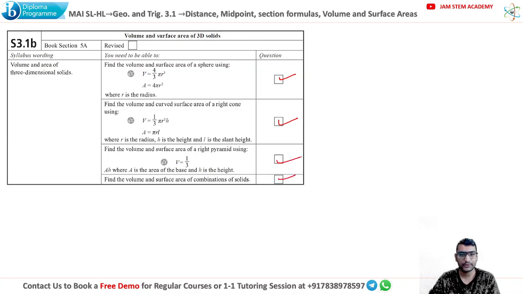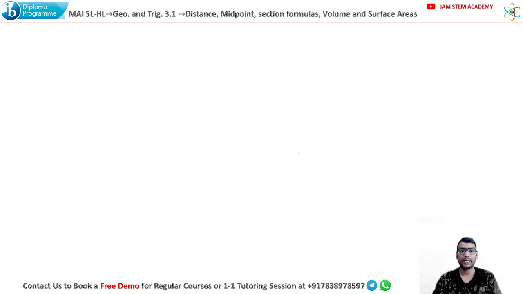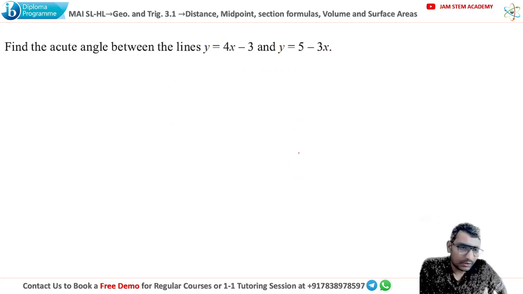So yes, we have completed these things, right? So now the next part, as I said, in the next part we will see how to find the angle between two lines or one line and plane. Okay, let's talk about this.